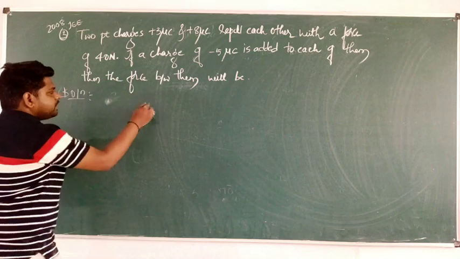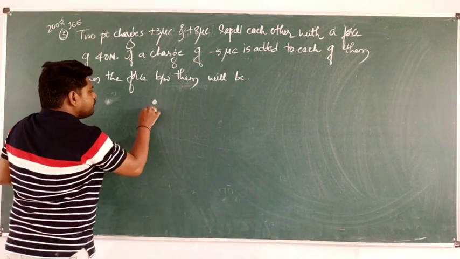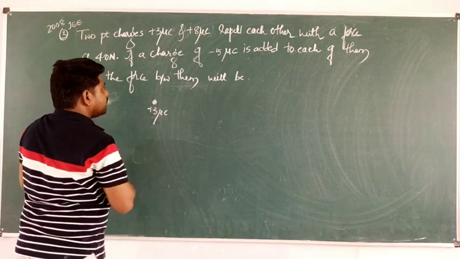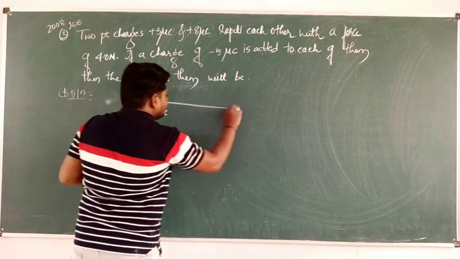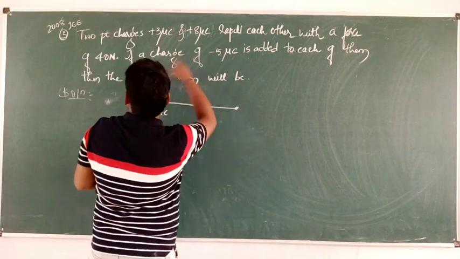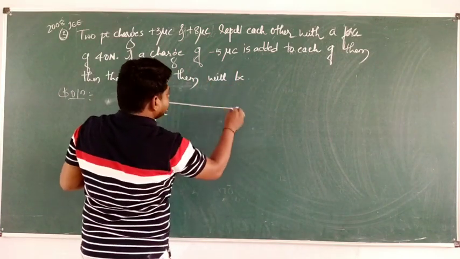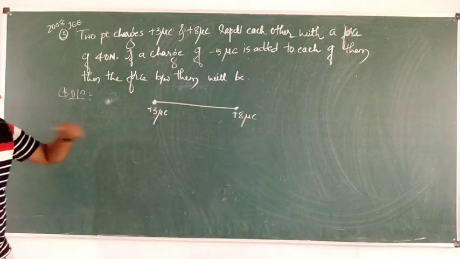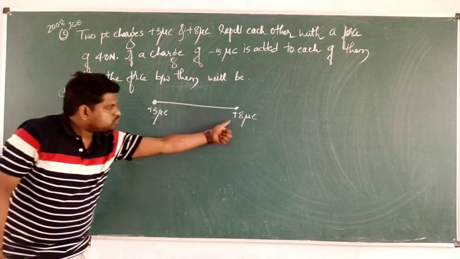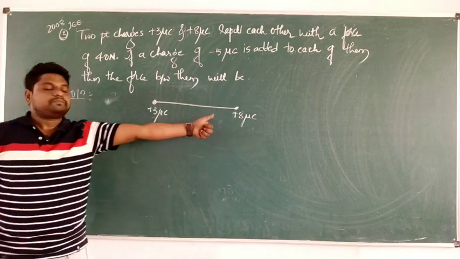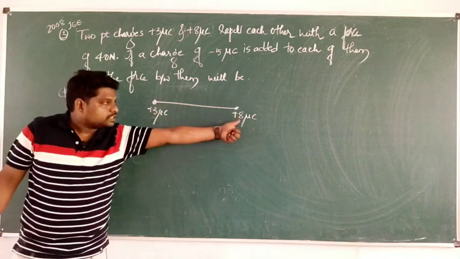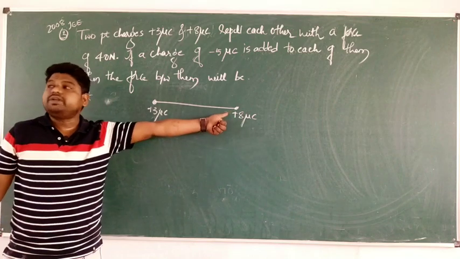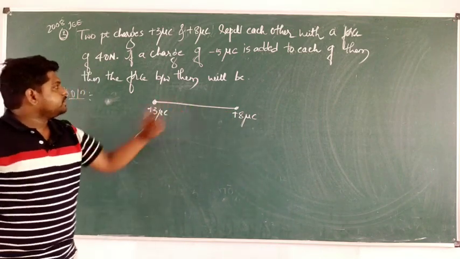First one is 3 microcoulomb of charge. Another one is plus 8 microcoulomb. These two charges are of the same nature, plus 3 and plus 8, so definitely there will be a force of repulsion between these two.